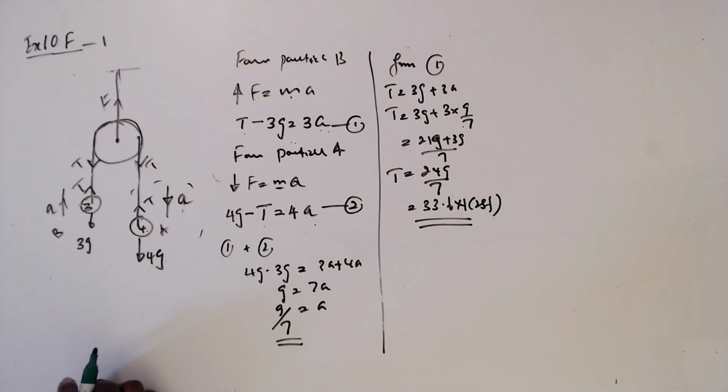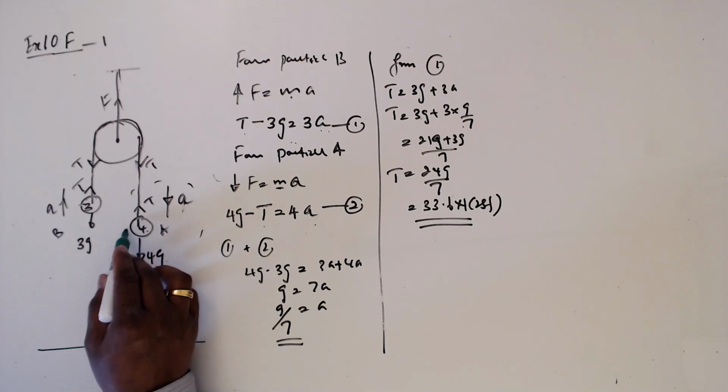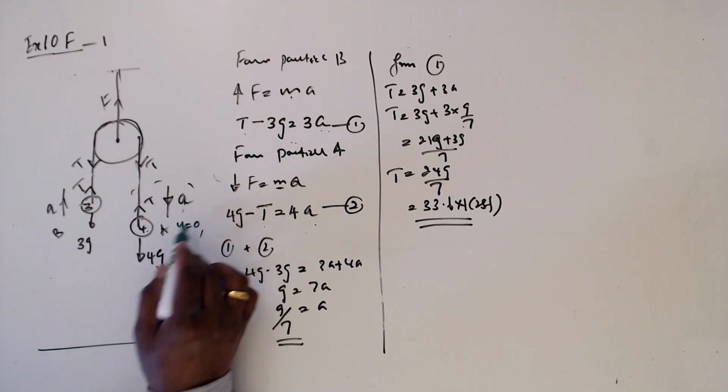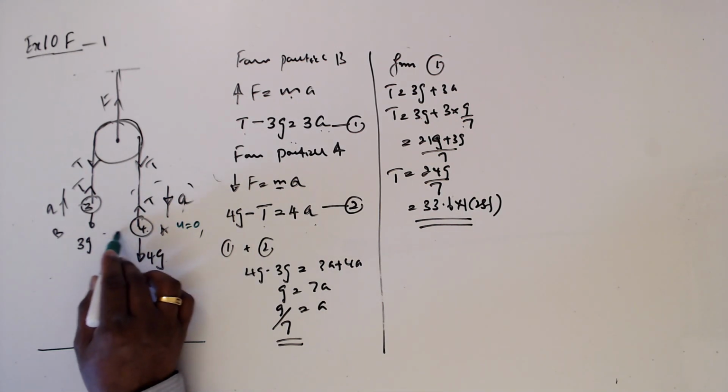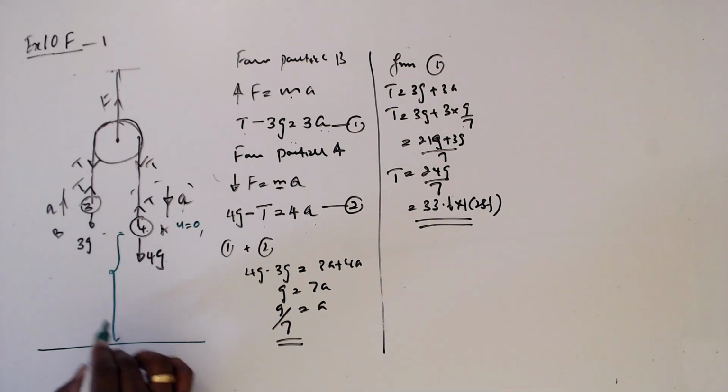Now, A travels a distance of 2 meters, strikes the ground and immediately comes to rest. The ground is here. When it is at rest, u equals 0 at this point, and this height is 2 meters.